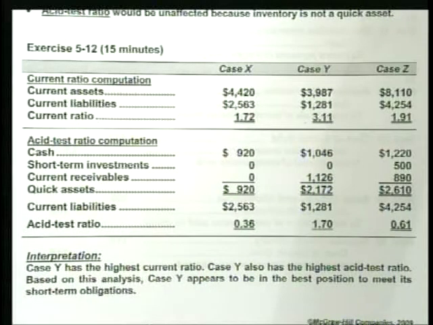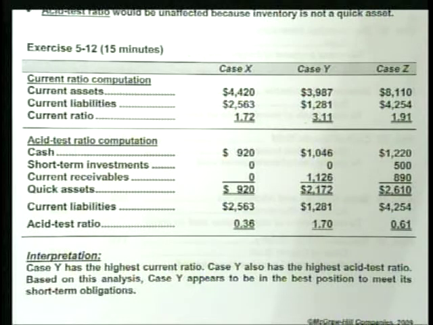Okay. Now, which of those companies appears to be in the best shape? Why? Is it Y? Yeah. They have the highest current ratio, and their acid test ratio is highest too, isn't it? Okay. So they seem to be in pretty good shape. Okay?